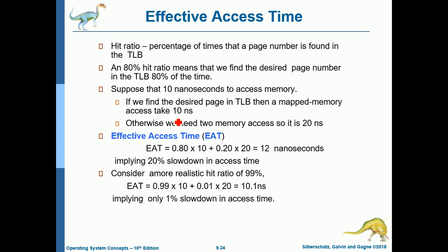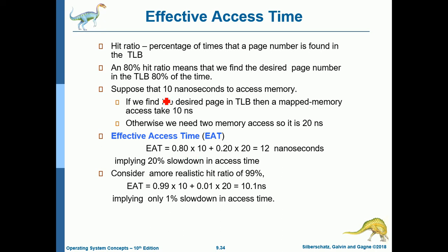So what is the effective access time? We have 80%, so 0.80, then the access is 10 nanoseconds. This will be for the TLB hit, and then this part is the TLB miss.